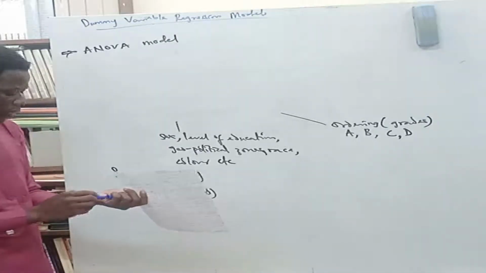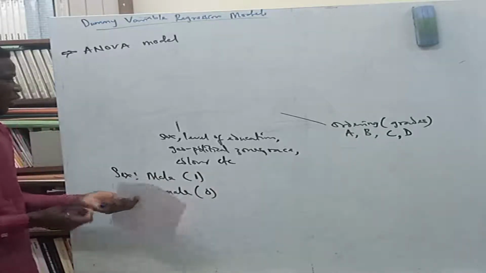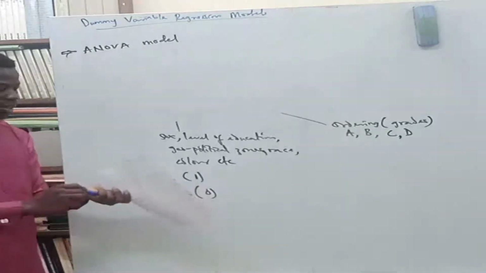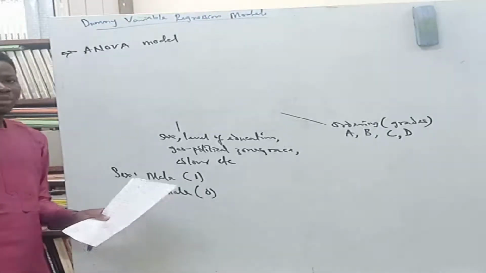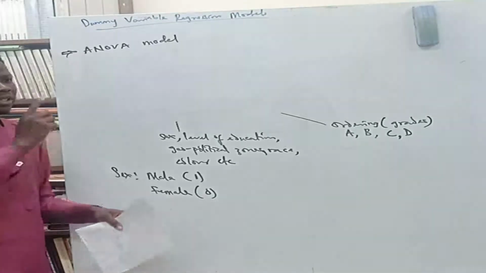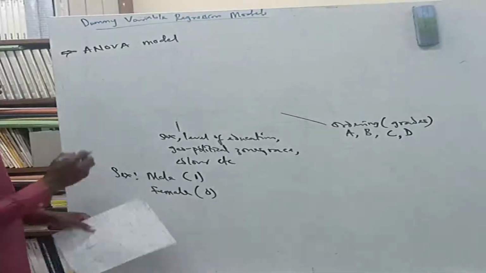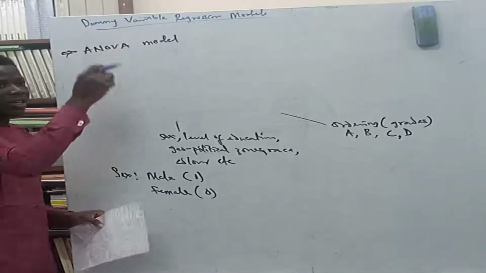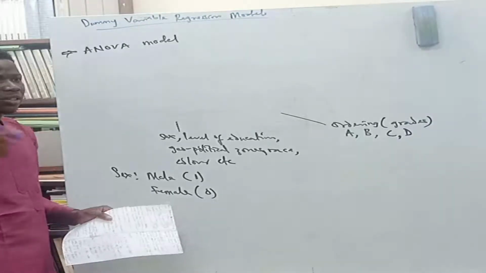And before I continue, it is very important that I mention something. When we're talking about dummy variables, like what we're looking at here, we are looking at the case where the explanatory variable is a dummy variable, not the explained variable or the regressand. You understand? The explanatory variable is a dummy, not the regressand.